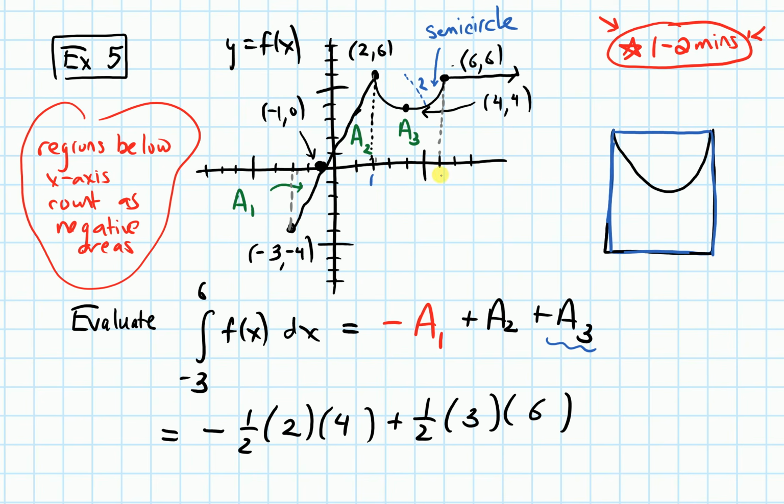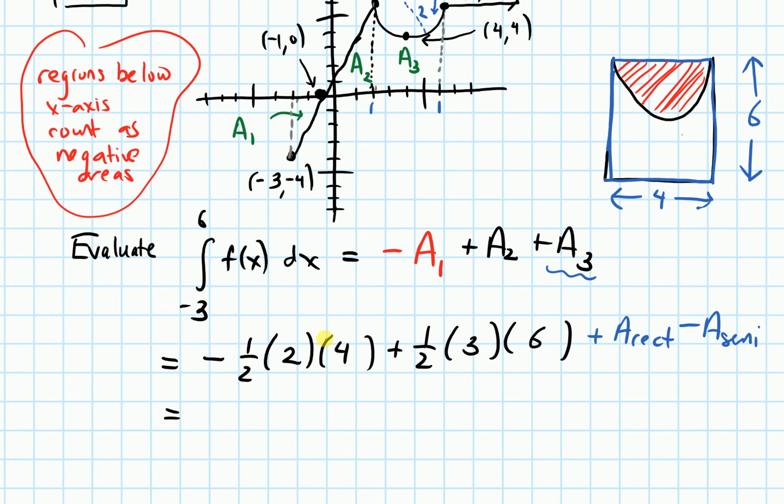From this point to this point, that's a distance of 4, and the height of that rectangle is 6. If I take the area of that rectangle and subtract away this semicircle, we end up with what we want. So area 3 is the area of the rectangle minus the area of that semicircle. All right, let's compute these now.